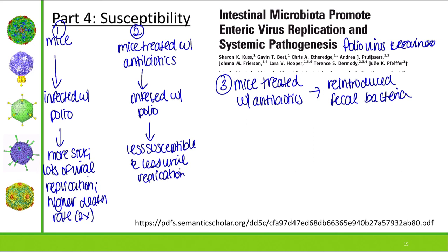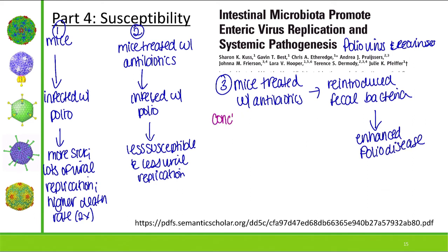We will reintroduce fecal bacteria through fecal transplants. This process is definitely something that is argued about, both clinically speaking and also in the literature. But in the very extreme cases, this has been done as a means of trying to reintroduce the normal, healthy microbiome that is there. And what they found was when they reintroduced those fecal bacteria, they saw enhanced polio disease.